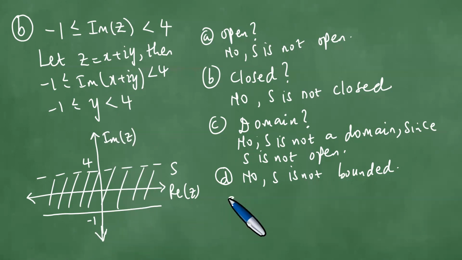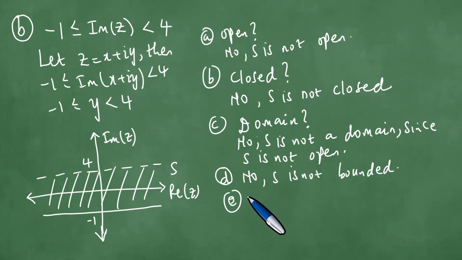Next, the E part. Is it connected? Well, you can't write this as a union of two sets that are both open and disjoint.